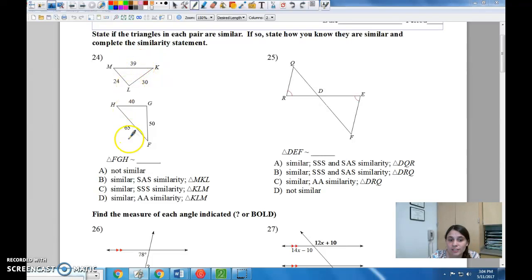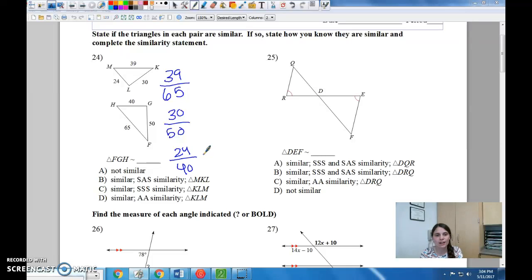So I need to see if the sides are the same ratio. I've got to make sure I use the right side. So the longest side on this triangle is 39, over the longest side on this triangle is 65. The middle side on this triangle is 30, the middle side on this triangle is 50, the short side is 24, the short side is 40.